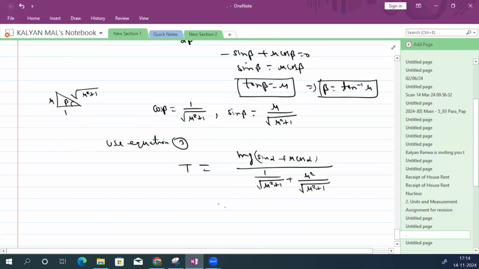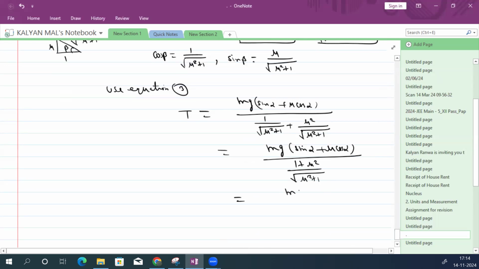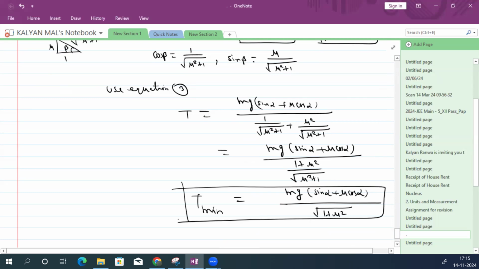So T is mg (sin alpha plus mu cos alpha) divided by (1 plus mu square) over root over mu square plus 1. So this becomes mg (sin alpha plus mu cos alpha) divided by root over 1 plus mu square. So this is the T minimum value. Okay, thank you.